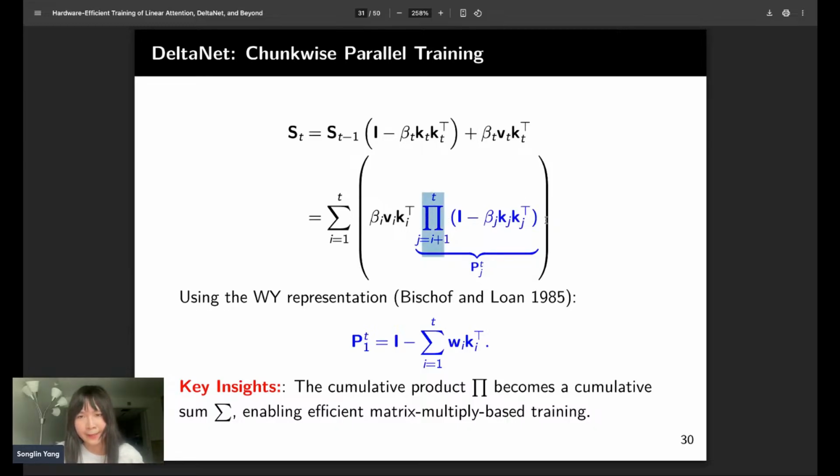For example, this form is very similar to the well-known Householder matrix. When this beta_j equals 2, and the keys are L2 normalized, we get those Householder matrices. And the cumulative product of Householder matrices has been well studied in the numerical linear algebra literature.